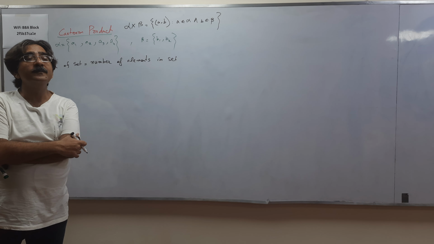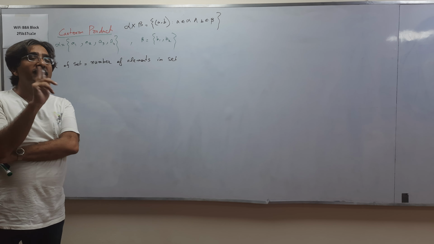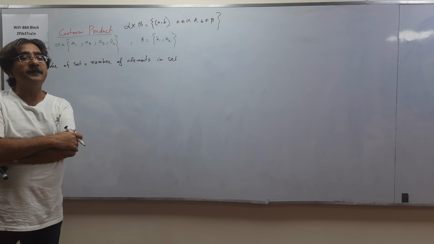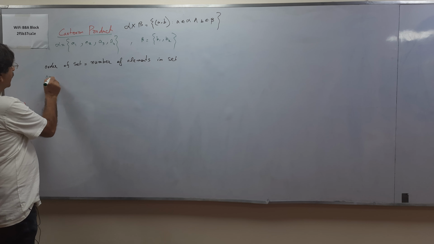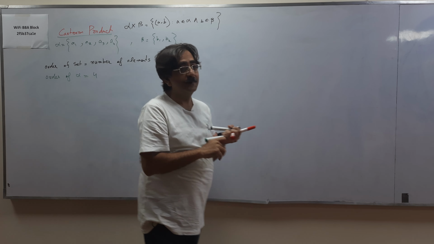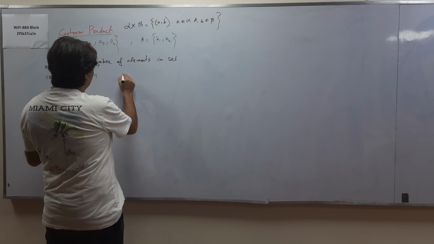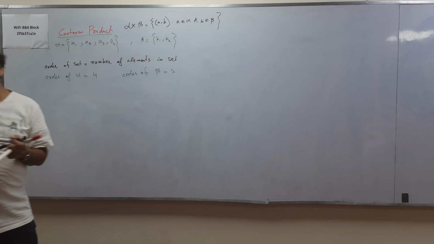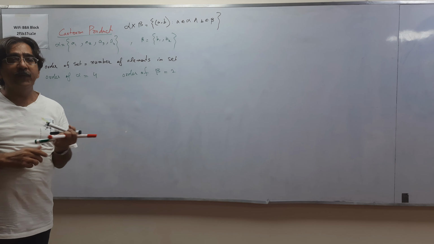Order is the number of elements in that set. So what is the order of alpha? 4. Yes. So the order of alpha is 4, and the order of beta is 2. Okay, the total number of elements in beta is 2 and in alpha is 4.